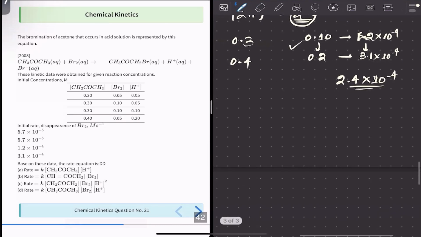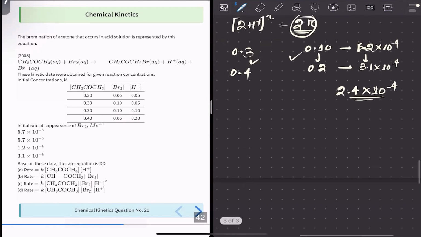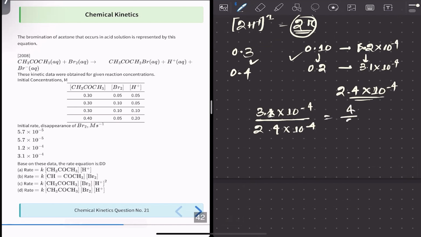But here we can see the concentration of CH3COCH3 also changes. So if we divide 3.1 × 10^-4 by 2.4 × 10^-4, we'll notice the amount would be 4 by 3.